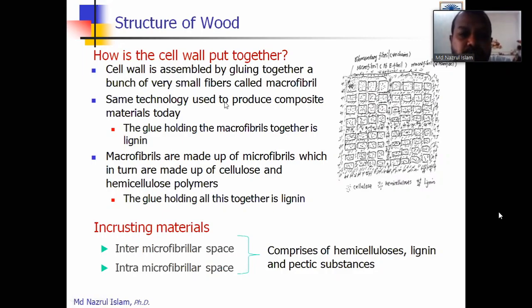So definitely wood is a composite material, we can say. There is some intrafiber microfibrillar space, and there is intermicrofibrillar space, and that intermicrofibrillar space is filled by the hemicellulose, lignin, and pectin substances. That we can say a bit.